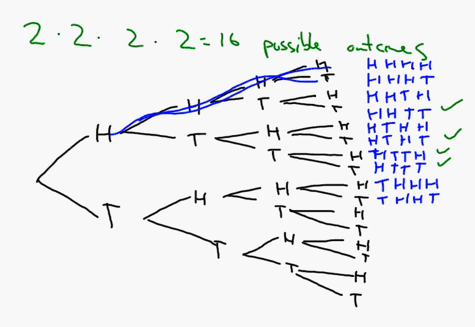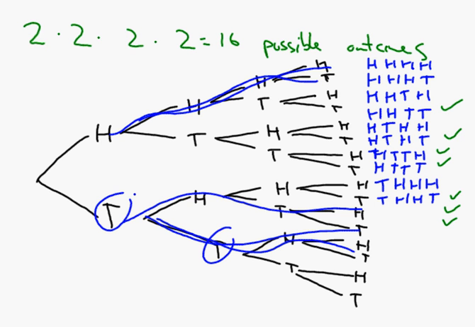That is a success. Okay, now if we think about the rest of them, let's just do them quickly now. That's a success, that branch. This is a success. And then this whole bottom branch, all of these 4 possibilities have to work because they all start off with tails, tails. You get 2 tails right away. So you can sort of just check off those last 4 quickly. 1, 2, 3, 4.